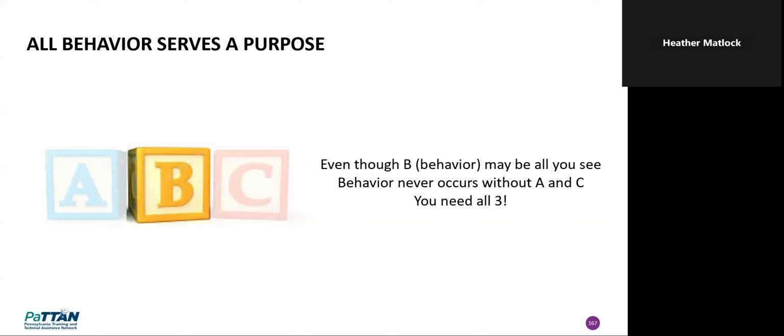So one of the things that can make challenging behavior so challenging is that what the person does doesn't tell you why they are doing it. So we have to examine the context in which it occurs. So what happened right before the person does it? What exactly are they doing? And what does that behavior produce? Right?